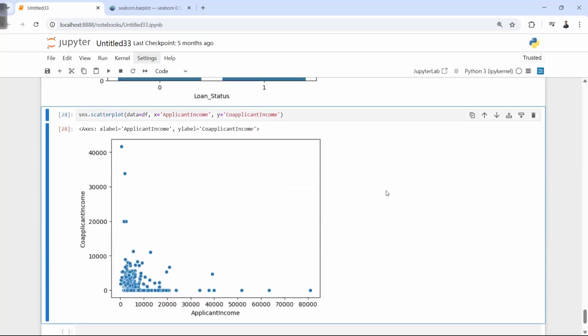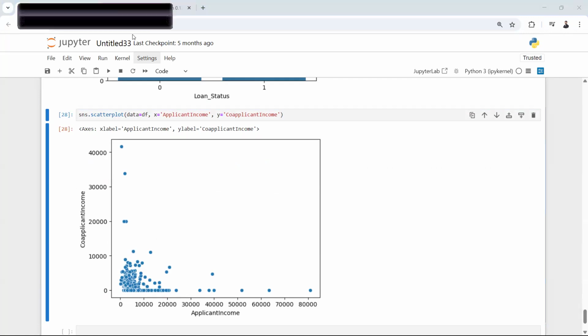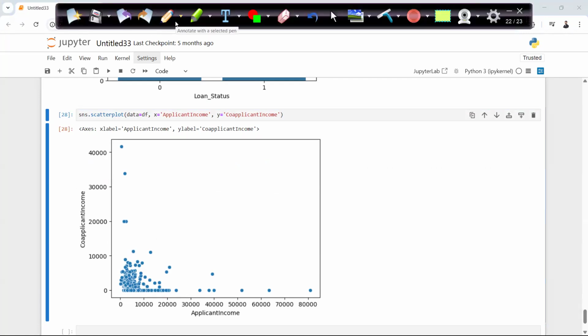And as such, I cannot see any pattern here. The only thing which I can see is that all the values are at the lower side. Few values are at the higher side for the applicant income and few values are at the higher side for the co-applicant income as well. It's a plot between the applicant and co-applicant, right?